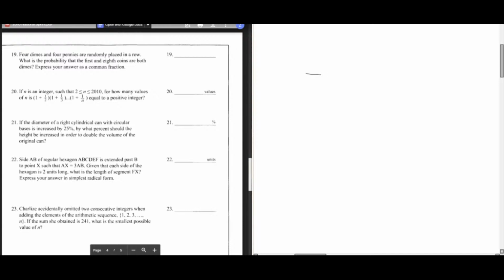Okay, let's draw a regular hexagon. I'm no better at drawing this than Austin is.